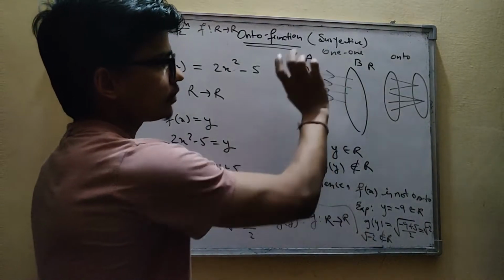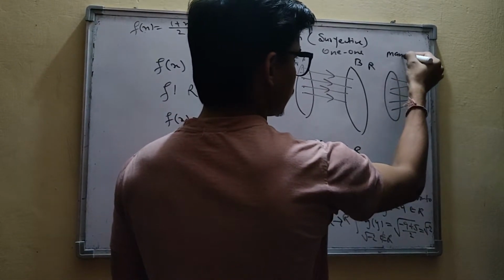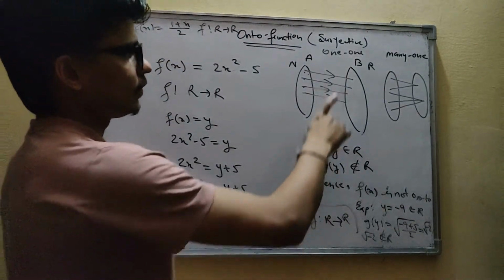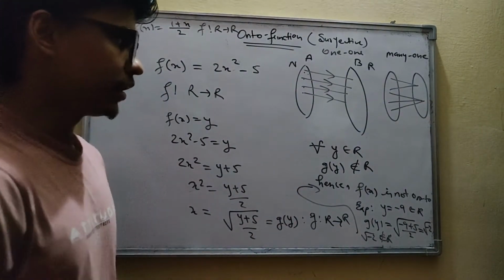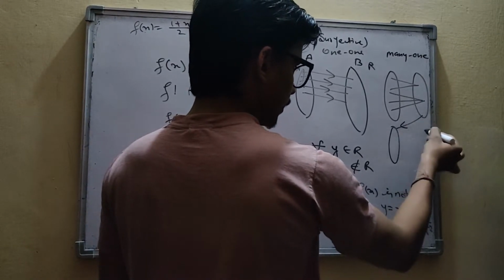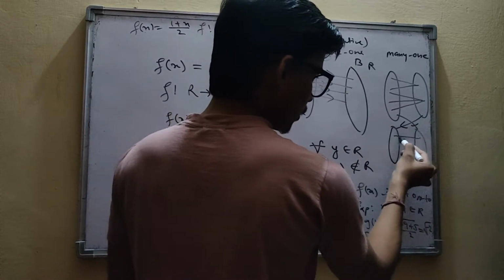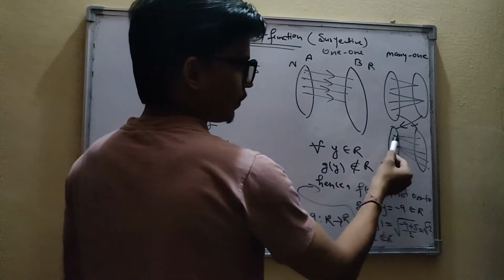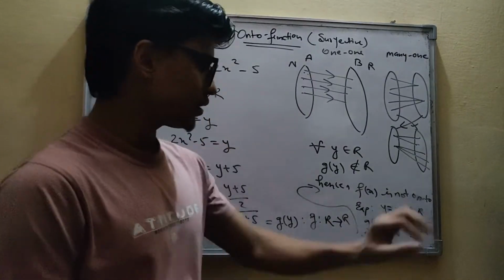Now let's say it is not one-one, it is many-one. Let's say it is a many-one function, right? Now if we interchange domain and range, this is going to be over here and this is going to be over here. So what is here? Here one value will have 3 values and one value will have 2 values because of this. So if you interchange the domain and range, this is what you are going to get.